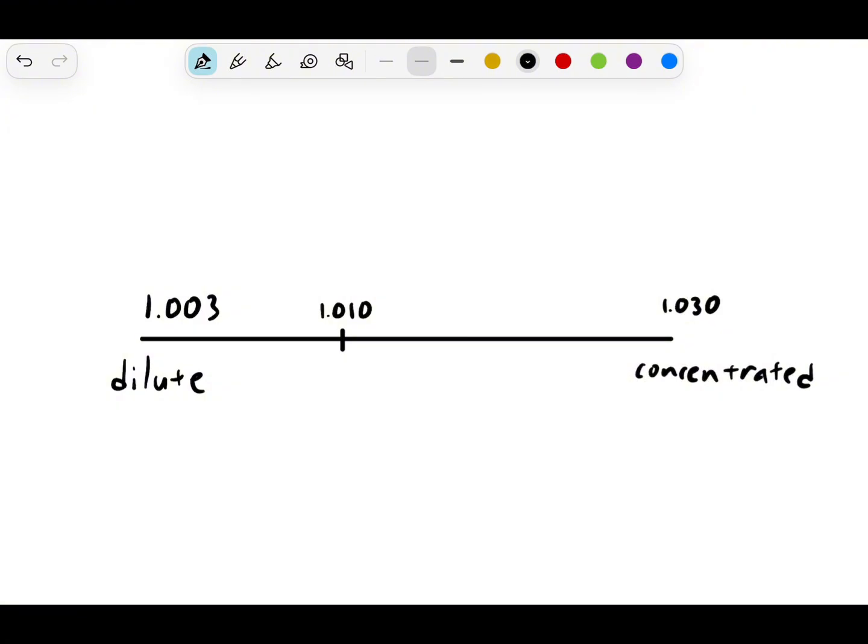If there are more solute or ions or particles in the urine, that numerator is going to be higher, hence the specific gravity will be greater. What does this value 1.010 represent right here? So this represents euvolemia.